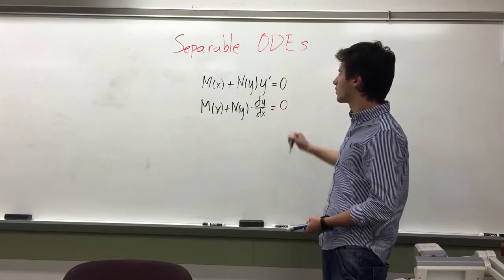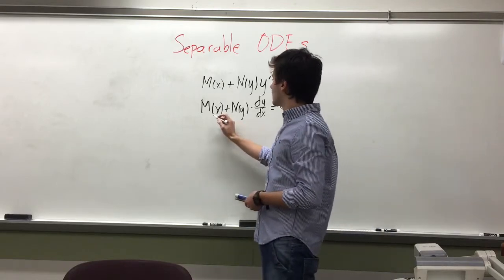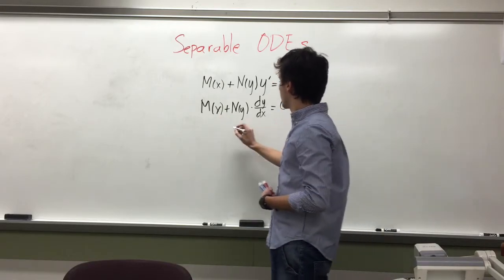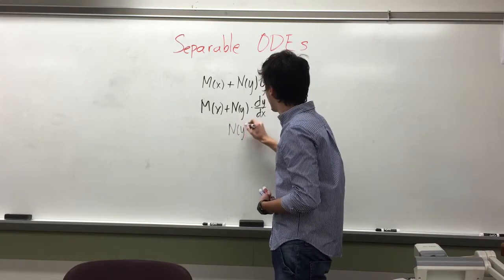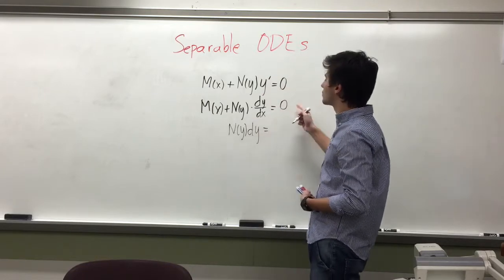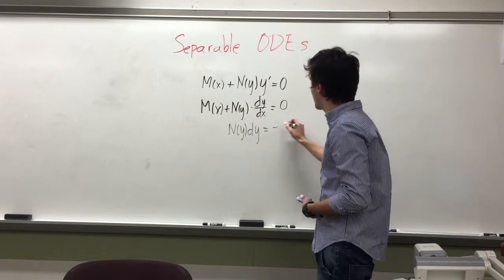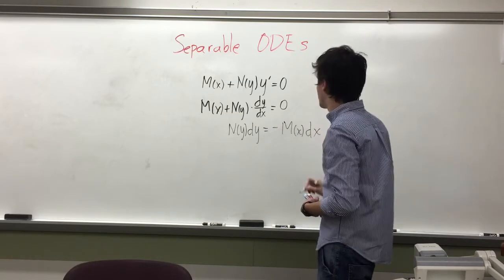showing the two differentials is going to help us when we're separating the variables. So let's subtract m of x on both sides, and we're going to have n of y times dy is equal to, multiplying also by dx on both sides, negative m of x times its differential dx.